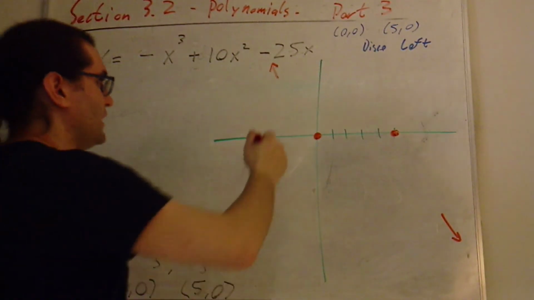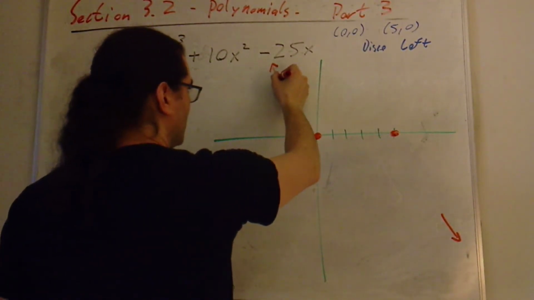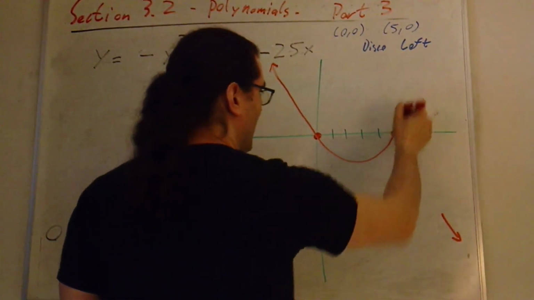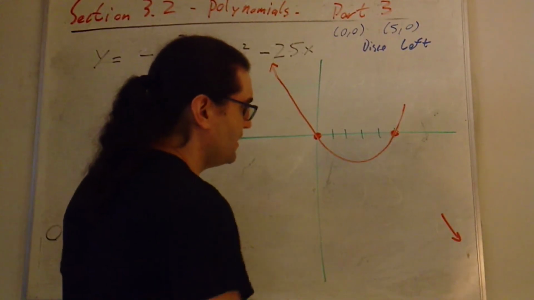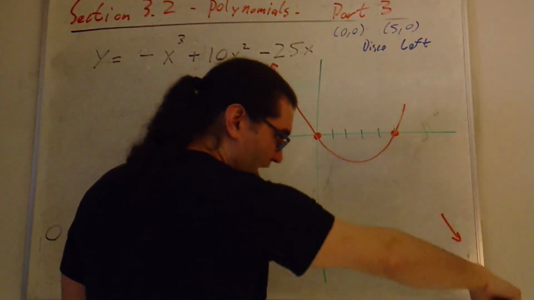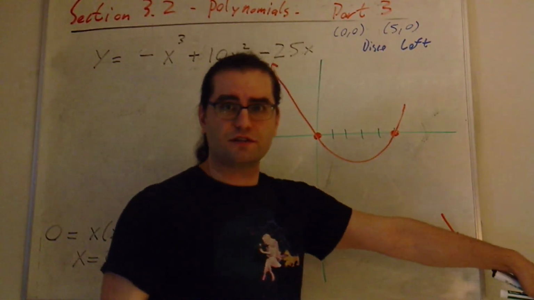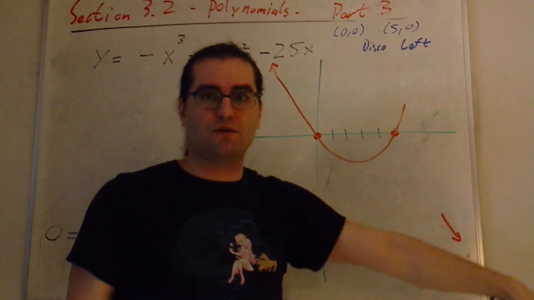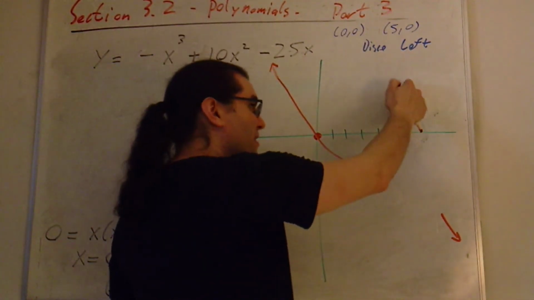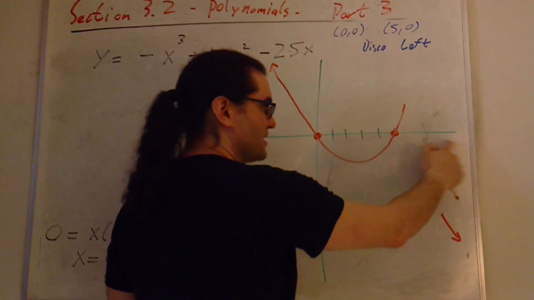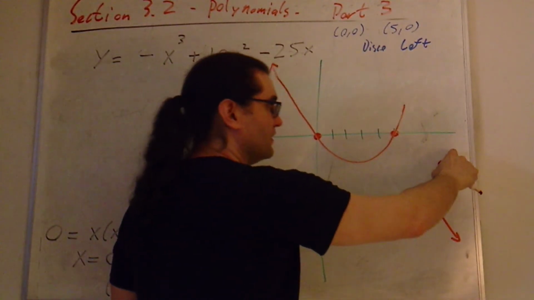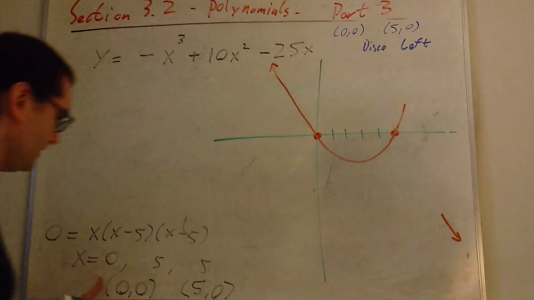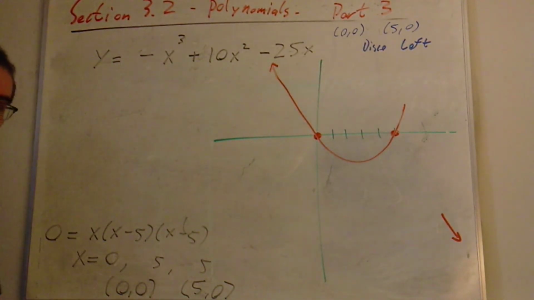If we just start connecting these dots like normal, it kind of looks like this should come down and this should go up, and now I'm in trouble. Because I need to ultimately go down to the right. Or sorry, disco left means I need to be going down in this direction. But I'm above the x-axis. There's no other intercepts. I can't just cross it over here. If I cross the x-axis over here, then there would be an intercept there, and I'd know about it. And there are no more intercepts.